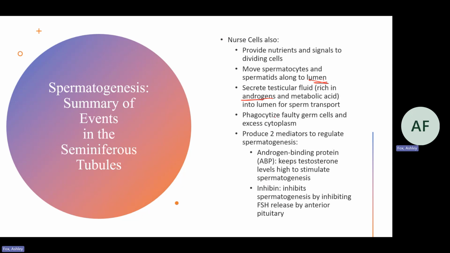They'll actually consume or phagocytize any cells that are seen as abnormal, and it'll also help with breaking down that excess cytoplasm. And a major thing that they do is help regulate spermatogenesis. So they are going to help determine whether spermatogenesis needs to occur, or if we have enough sperm and we don't need it right then. So it's going to either increase production or decrease production.